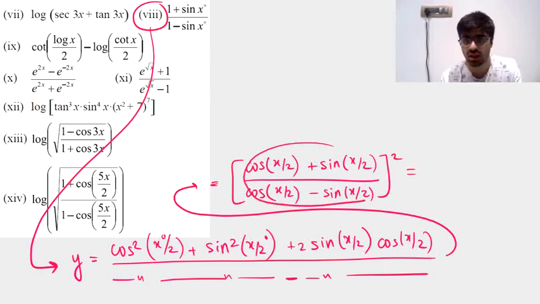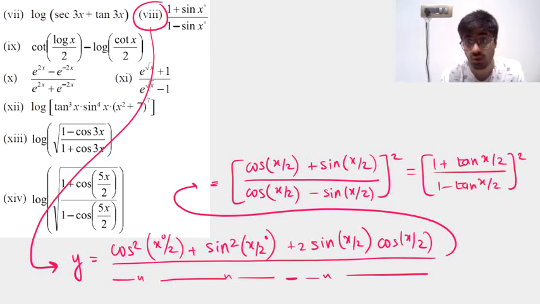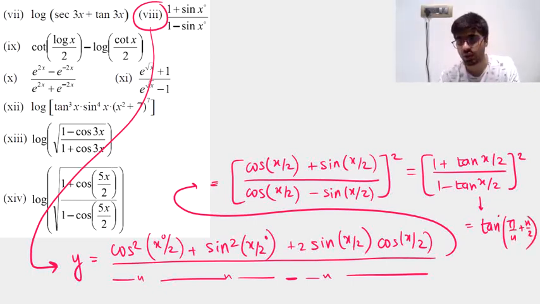Divide the numerator and denominator with cos of x by 2 and you are going to have 1 plus tan of x by 2 upon 1 minus tan of x by 2 the whole square. But 1 plus tan x by 2 upon 1 minus tan x by 2, this is tan of pi by 4 plus x by 2. And the square of it will be tan square pi by 4 plus x by 2.